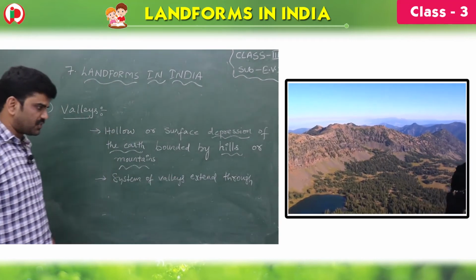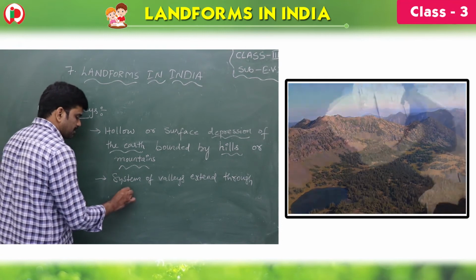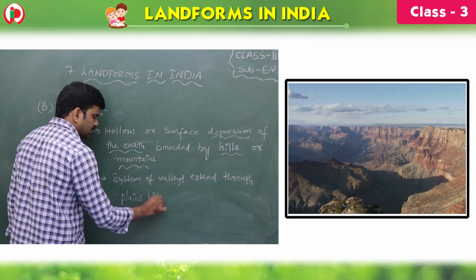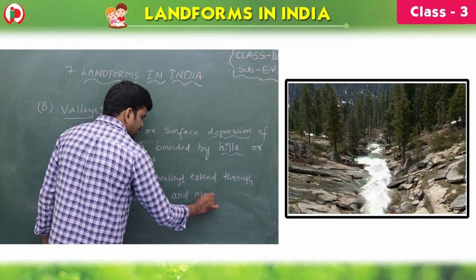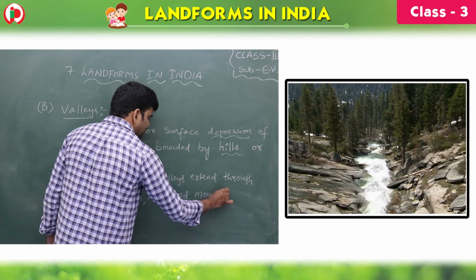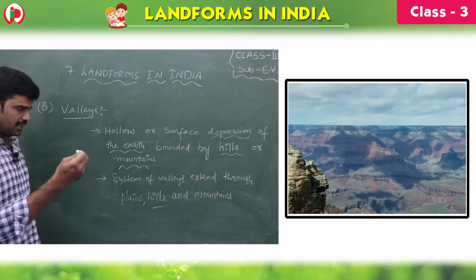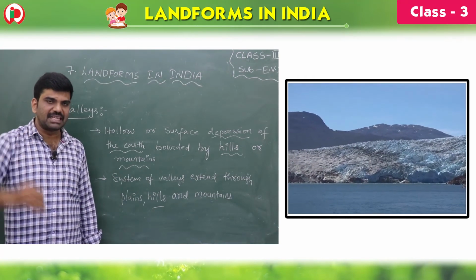It's a group of valleys that extend through plains, hills and mountains. Plains means plain surface, children. Hills are somewhat less in height than the mountains. So mountains are the largest peaks.